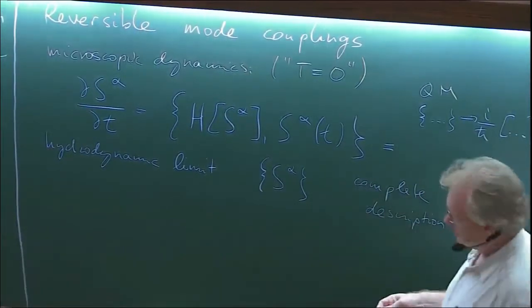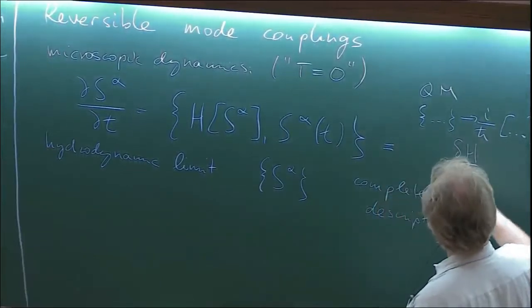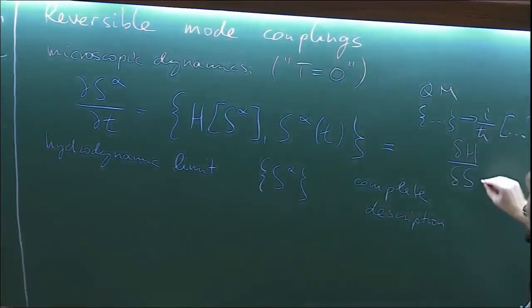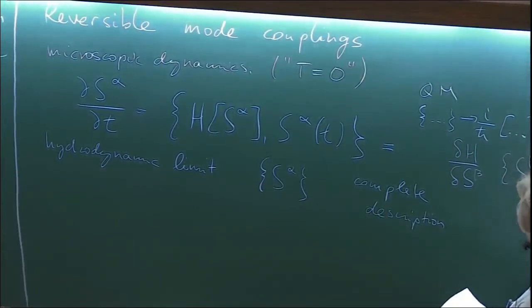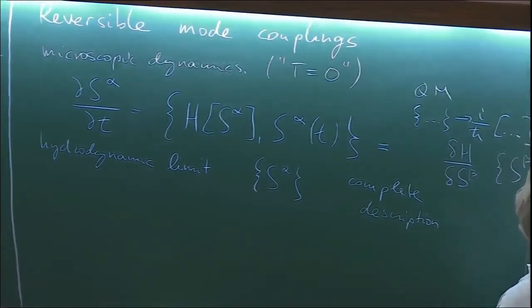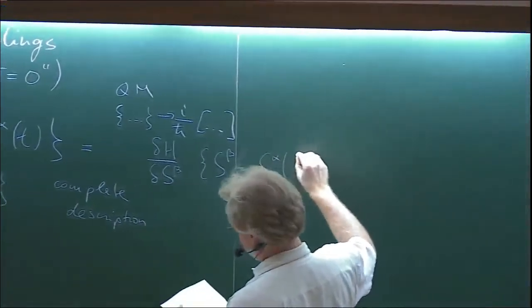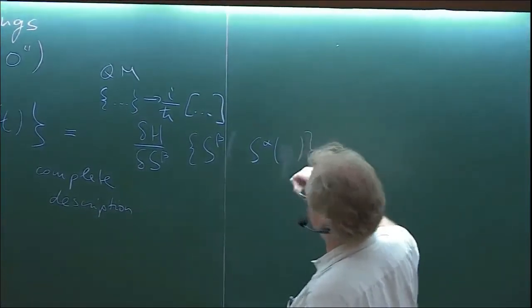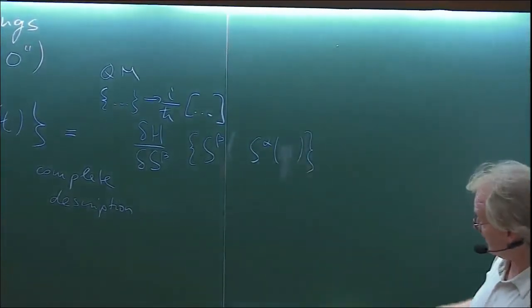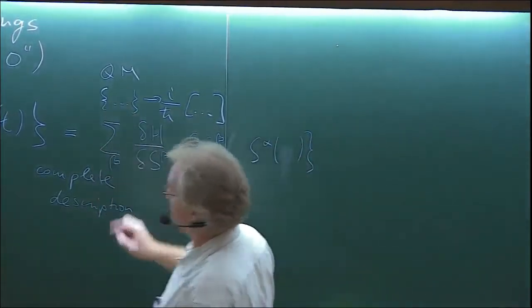So I'm going to write down a formal expansion where I do dH by dS beta, and then I get Poisson brackets of S beta with S alpha. Okay. I'm expanding, so I need to do a complete sum of things, so that would be a sum over beta.